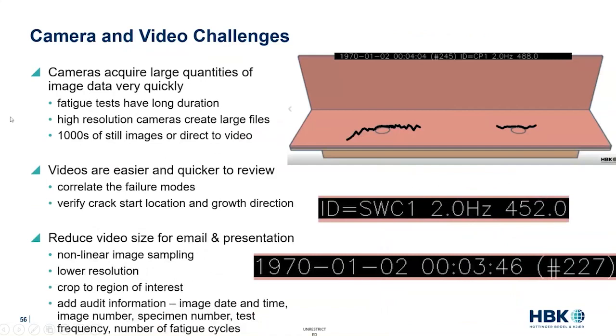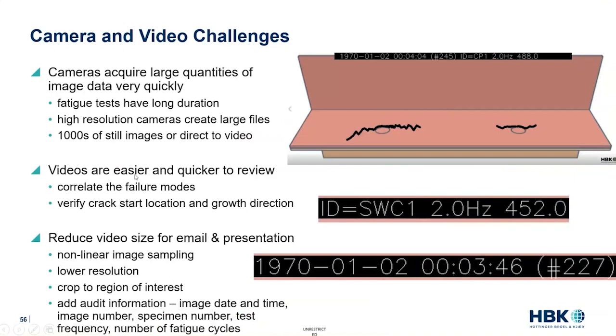Anything with cameras and videos acquires large quantities of image data very, very quickly, and fatigue tests have long duration. So there can be thousands of high-resolution images which have a very large file size.